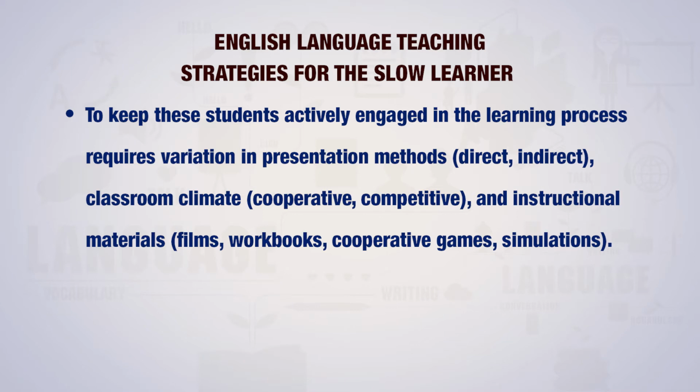There must essentially be a variation in the teaching methods, whether it's direct teaching or indirect teaching. The classroom climate must also change from being competitive to being cooperative. And the instructional materials should be games, simulations, films in addition to the textbooks.